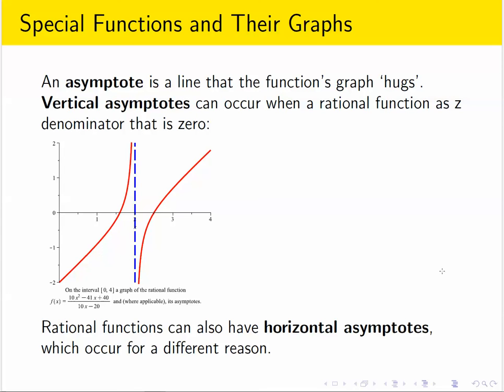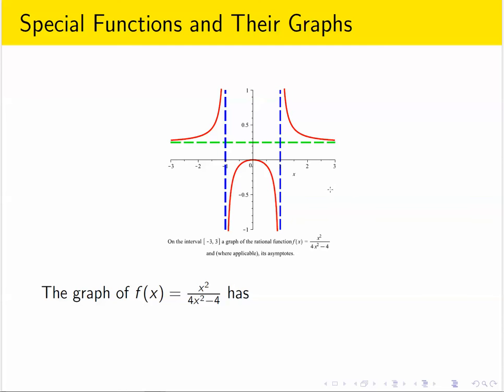You can also have horizontal asymptotes. So vertical and horizontal here just refer to the line. In this case, this is a vertical line that the graph is hugging, so that's called a vertical asymptote. A horizontal asymptote would be a horizontal line that the graph hugs, like we see in this picture.